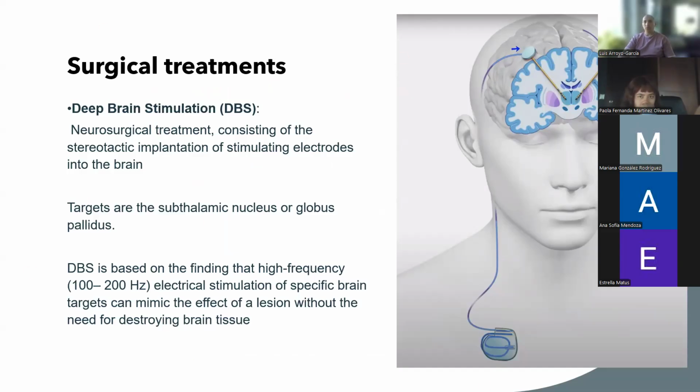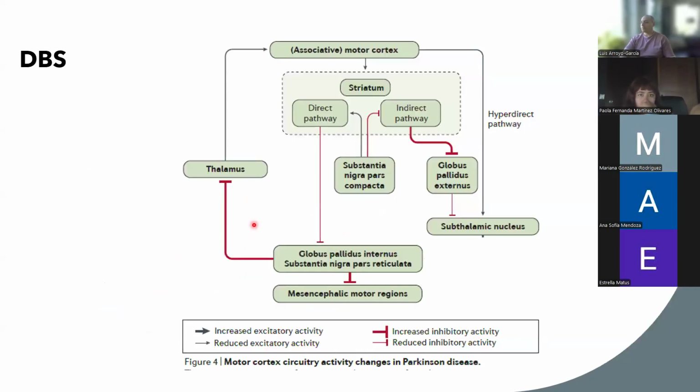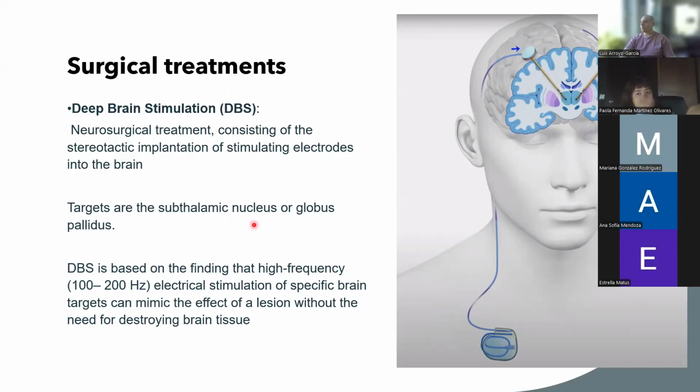And it has been shown to work with high frequencies between 100 and 200 hertz. So this generates the effect of a lesion, and you don't need to actually destroy the brain tissue. You just go inside there, and then you have these frequencies that stimulate this region.